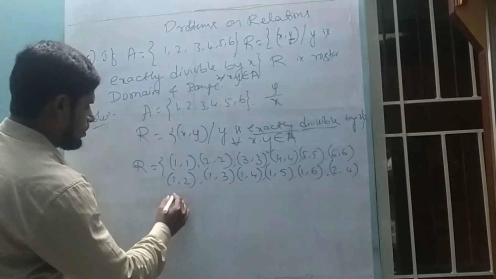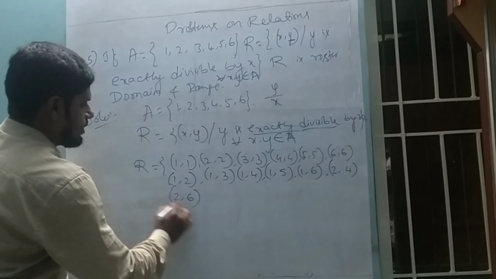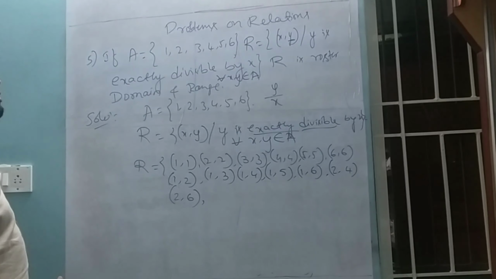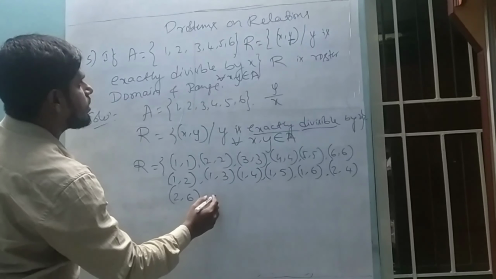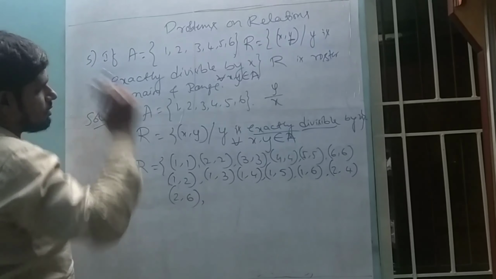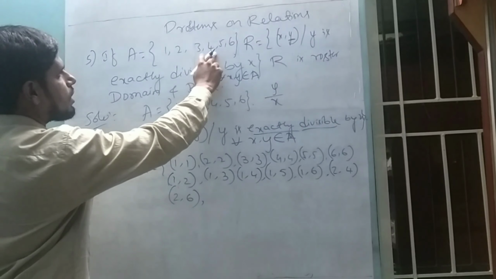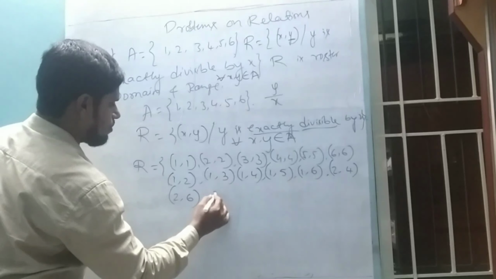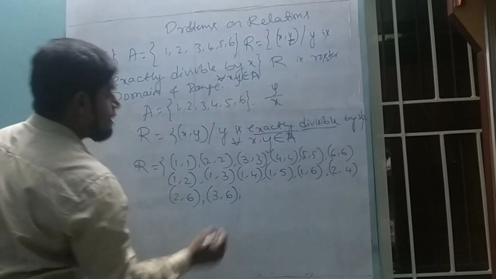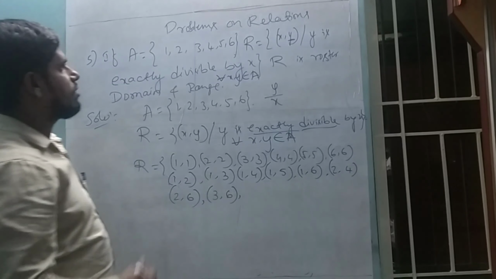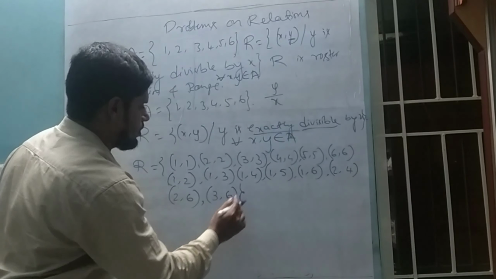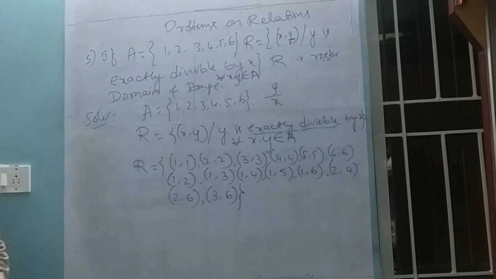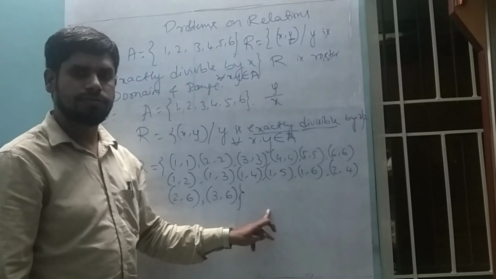Next. (2, 6). 6 by 2. Okay, 2 is over. Let us take 3. (3, 2) not possible. (3, 1) is over. (3, 4) is not possible. (3, 5) no, (3, 6) is possible. 6 by 3. Next. (4, 5), no. (4, 6), no. Okay, this is the last element. So this is our relation here.